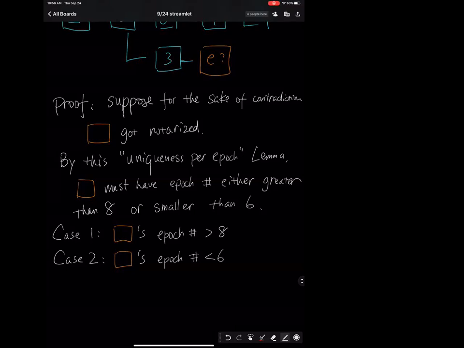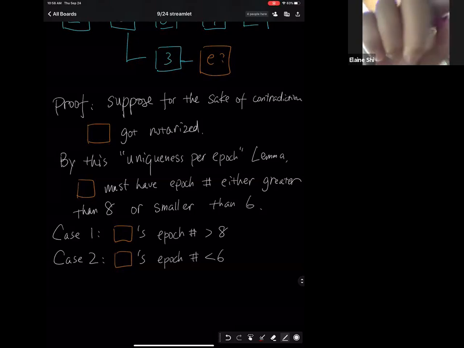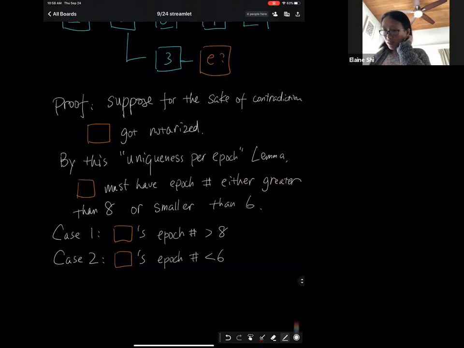Okay, so essentially the proof is symmetric for these 2 cases, and we just need to rule out one of the 2 cases. So let's do case 1 together.